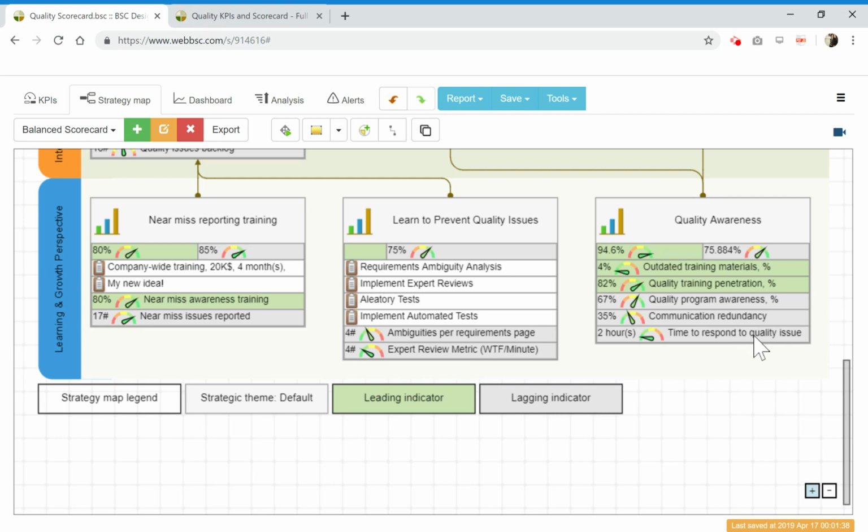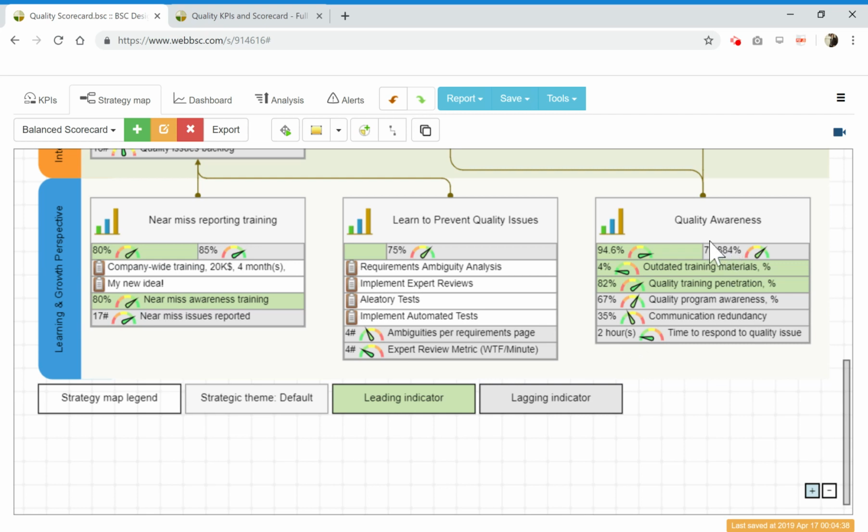What happens with this last indicator? We cannot compare it to these two indicators directly. Why? Because here the measure units are percent, and here the measure units are hours. We cannot compare hours and percents.